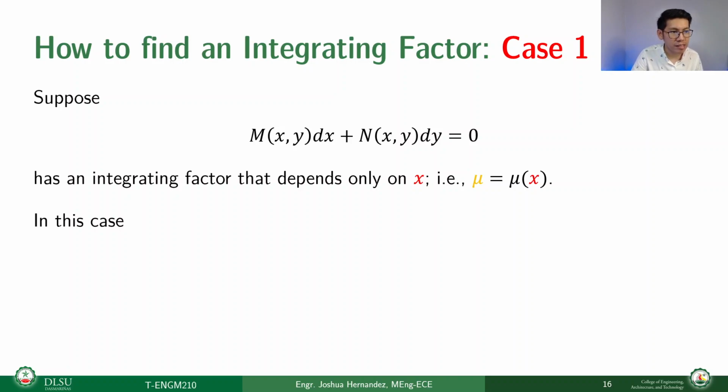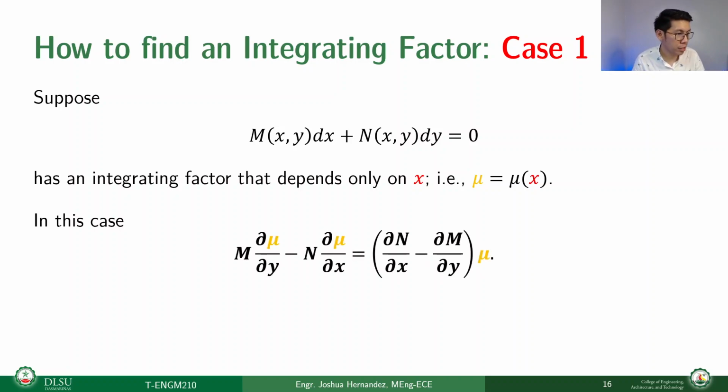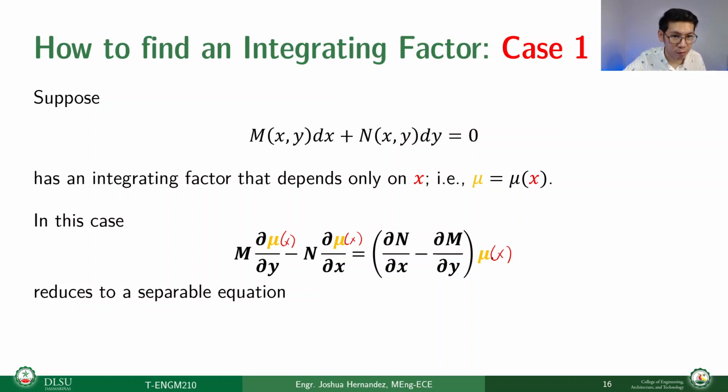So in this case, yung ating equation kanina, PDE form natin, partial differential equation, we'll have a mu of x, and mu of x. Yan. So yung mu doon natin equal to mu of x. What happens to that? It actually reduces this equation to a separable form.